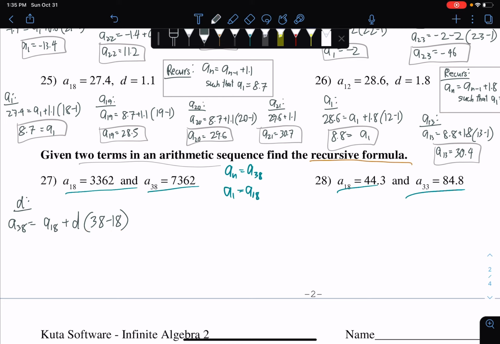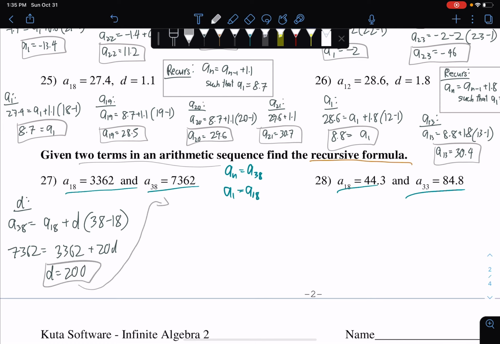So a sub 38 is 7,362, which is equal to 3,362 plus our d. We don't know what it is, but 38 minus 18 is 20, so 20d. If we transpose 3,362 to the other side, we get 4,000. 4,000 divided by 20 is 200. d is equal to 200.